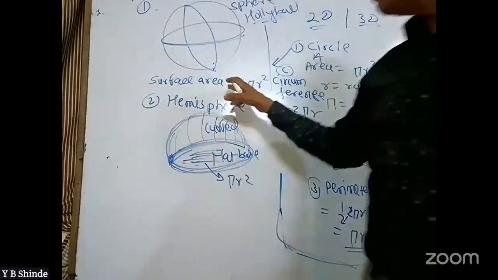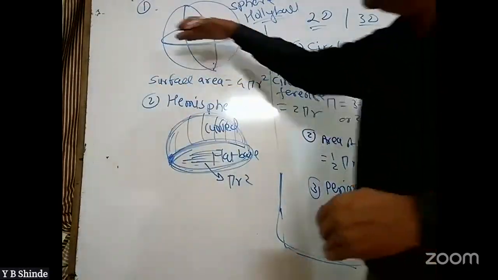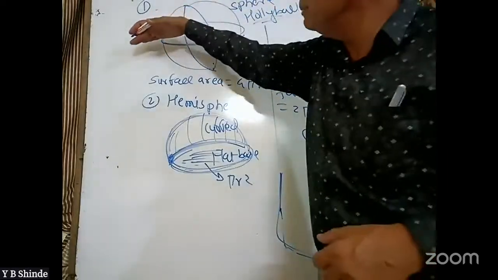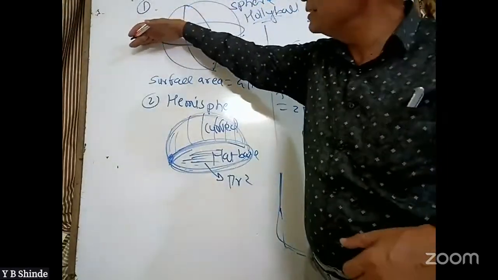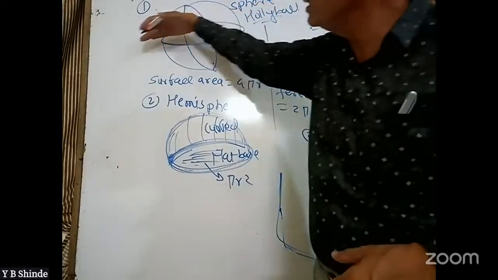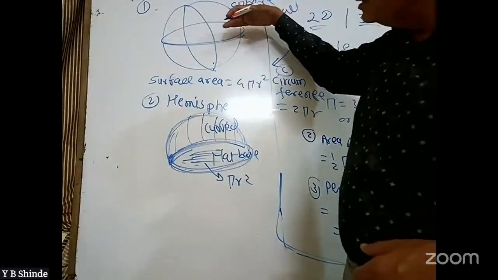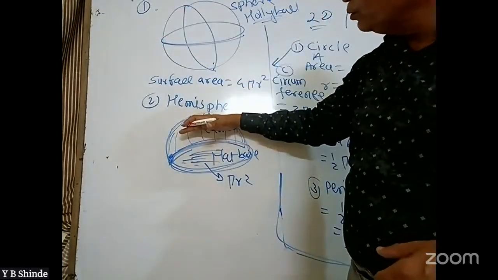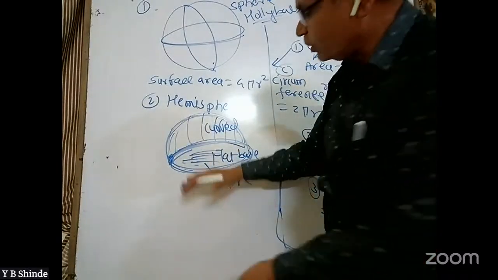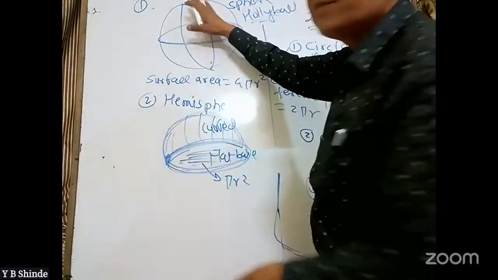What is the surface area of sphere? 4 pi r square. If it is cut along the diameter by a plane, then there will be two hemispheres, upper and lower. If these two are joined, you will get the sphere.